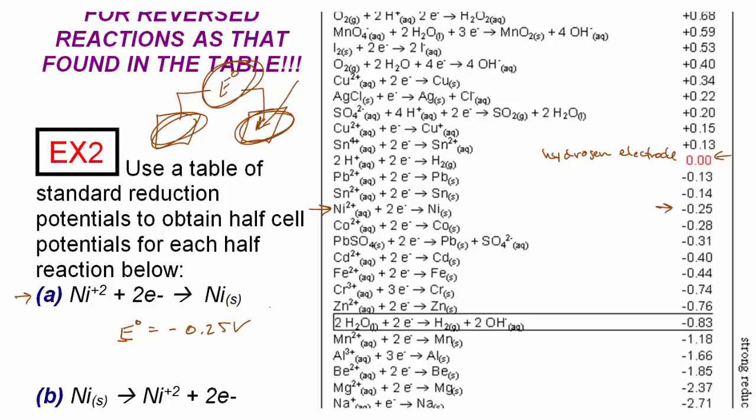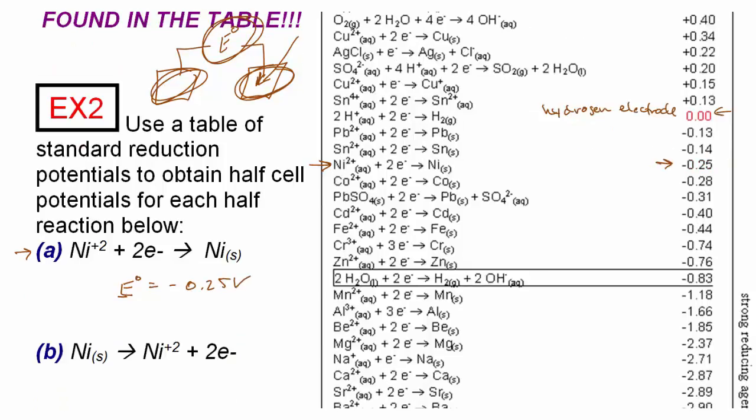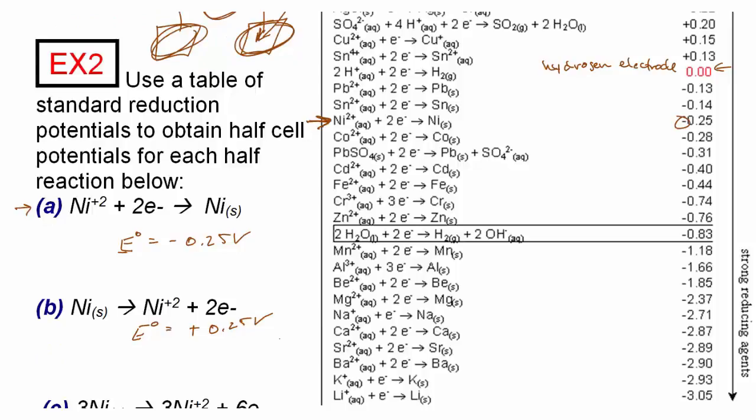Okay. Find the standard cell potential for the reaction flipped. Well, here's the reaction. If we flip it, all we do is flip the sign. So my E0 will be positive 0.25 volts. That's why they don't have a table of standard oxidation potentials.